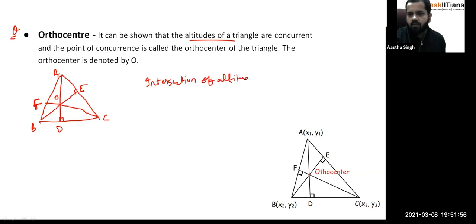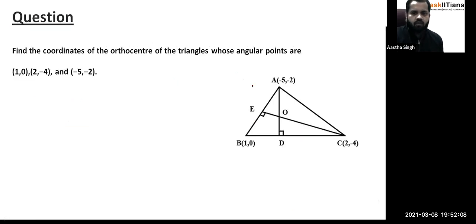Circumcenter was the intersection of perpendicular bisectors, and the centroid was the intersection of medians, right?